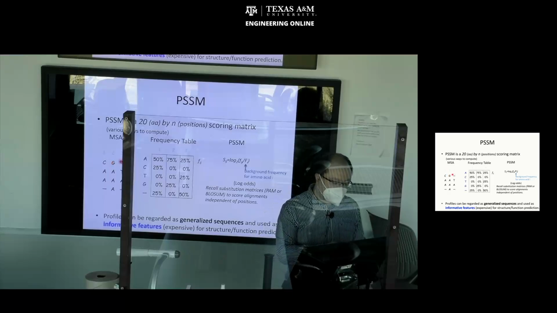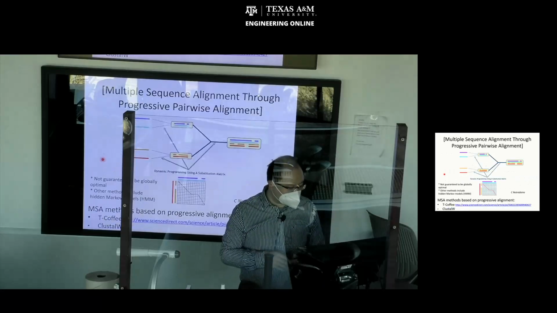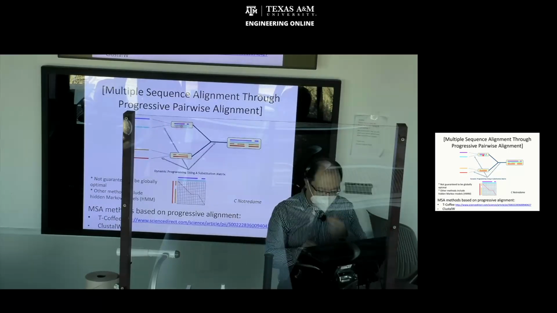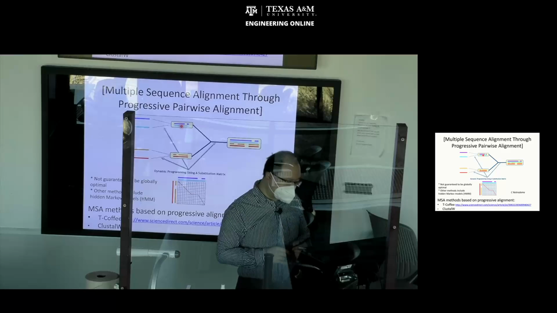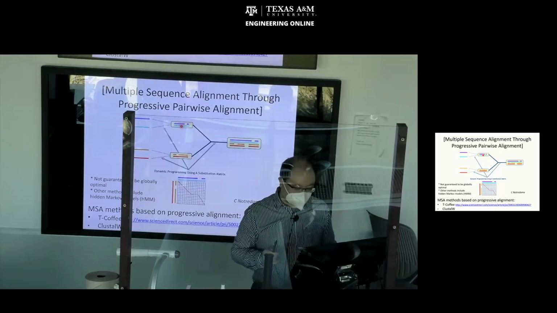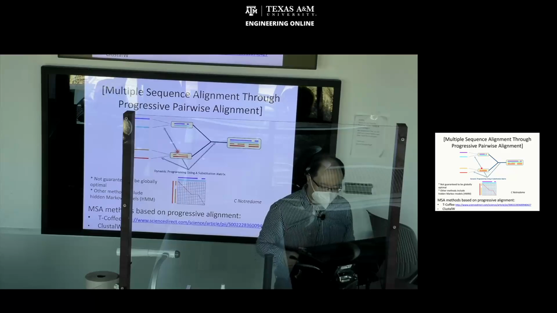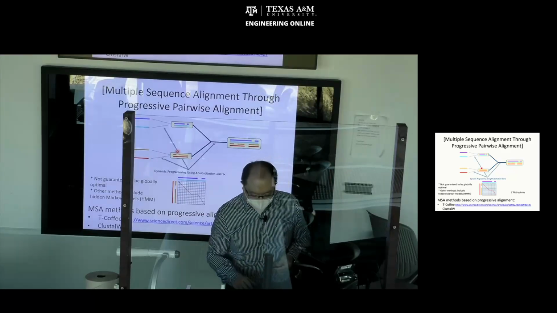You first do a multiple sequence alignment. Okay, you may say, well, wait a minute, you told me about pairwise sequence alignment, right? And now you're talking about a multiple sequence alignment. So how do you do that? You can do it in different ways. The slide that I skipped, you can do a lot of pairwise alignments and then stack them together, or other ways, right? And there are tools for you to do that.